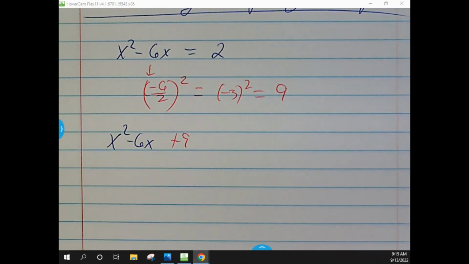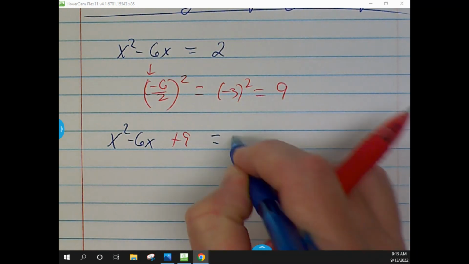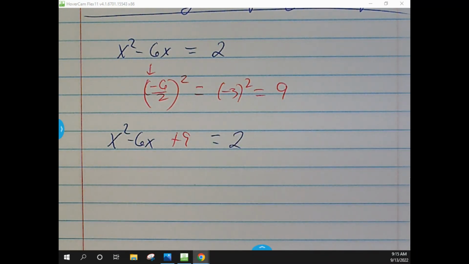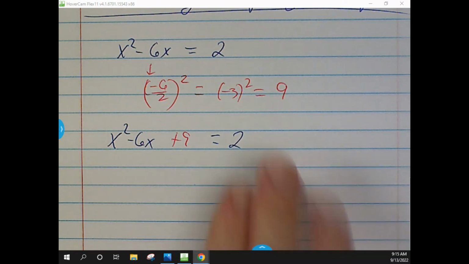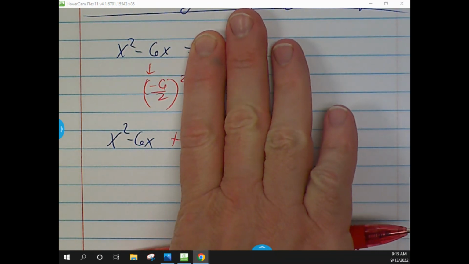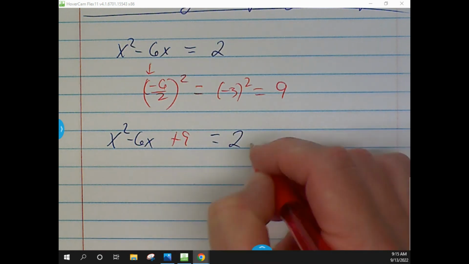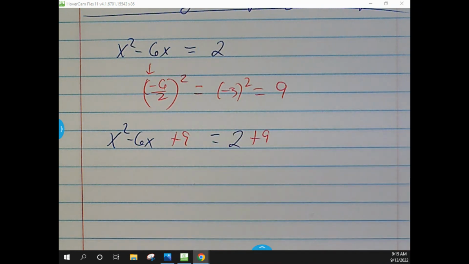All right, now here's the catch, and here's what throws people off when they start doing this one. Now because it's an equation, if it was just this statement that was here, we would add the 9 and it wouldn't be any problem. But because it's an equation, if you add 9 to the left-hand side, you also have to add 9 to the right-hand side.